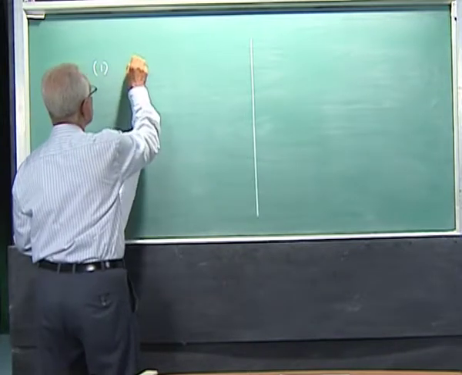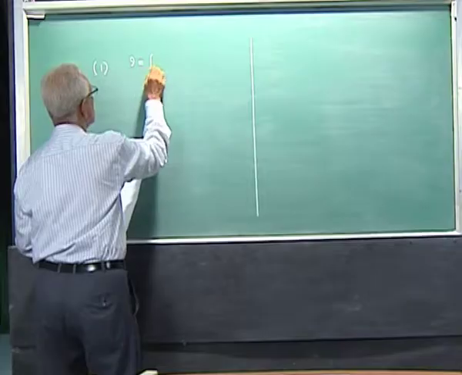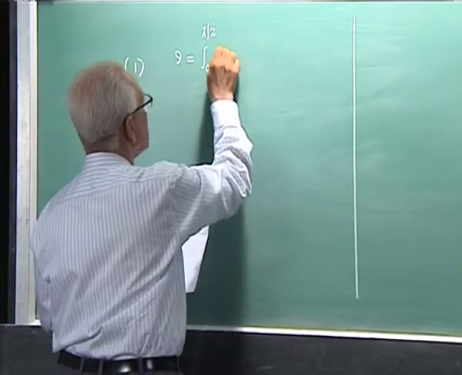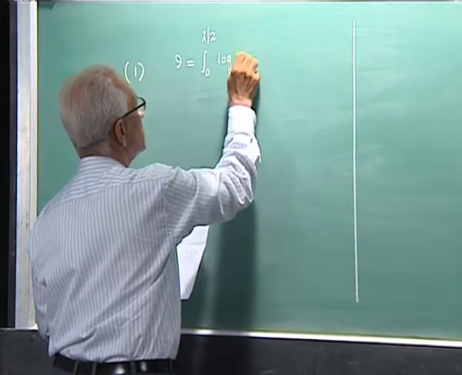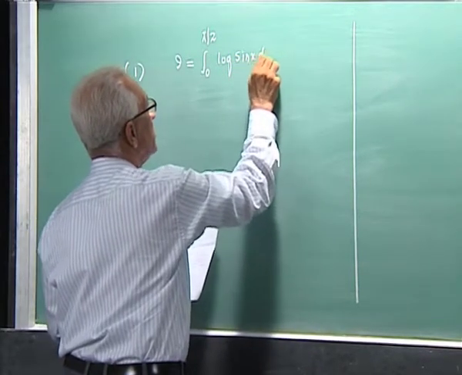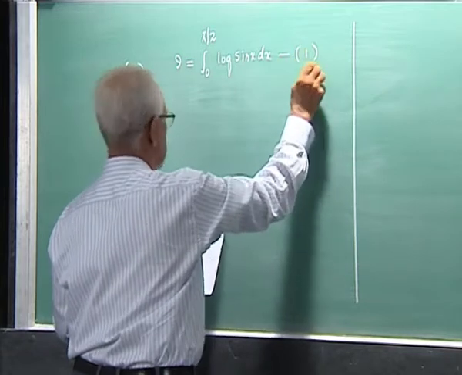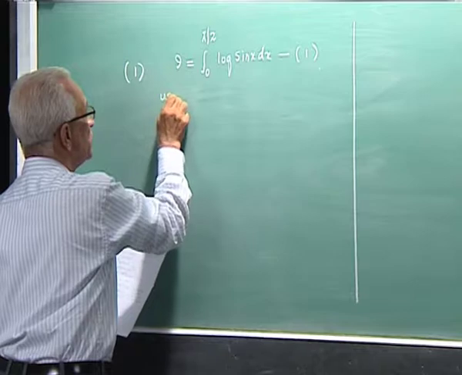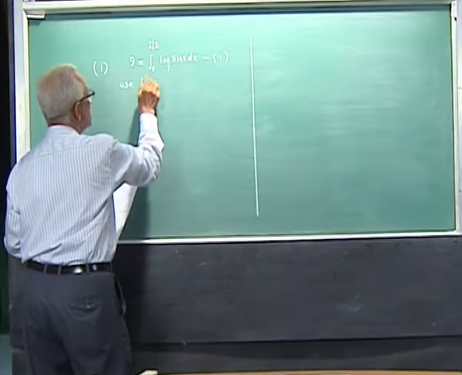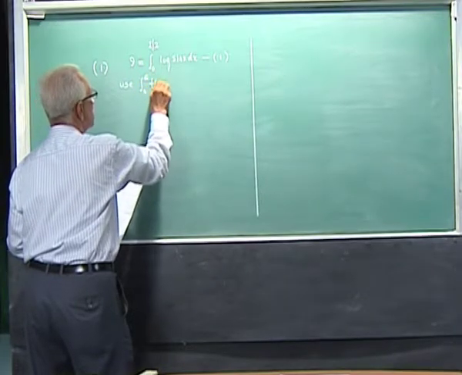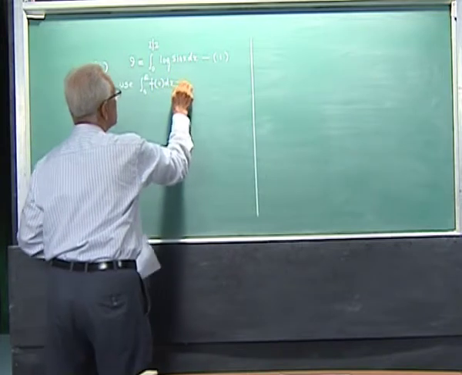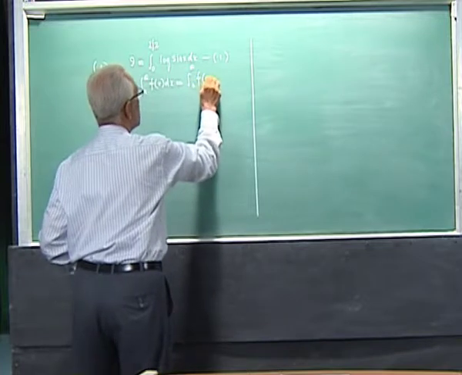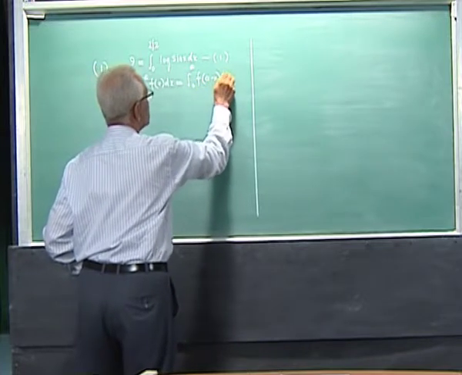We are to evaluate the integral I equal to 0 to pi by 2 log sin x dx. Let me call it first, and we use the property integral 0 to a f(x) dx is equal to integral 0 to a f(a minus x) dx.